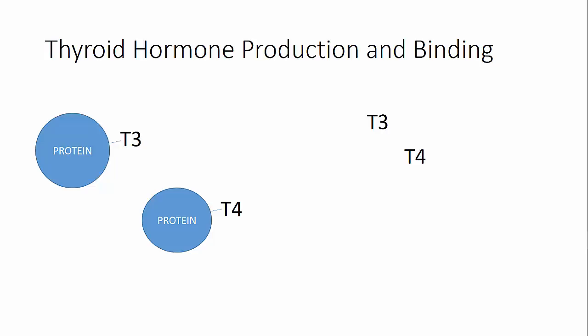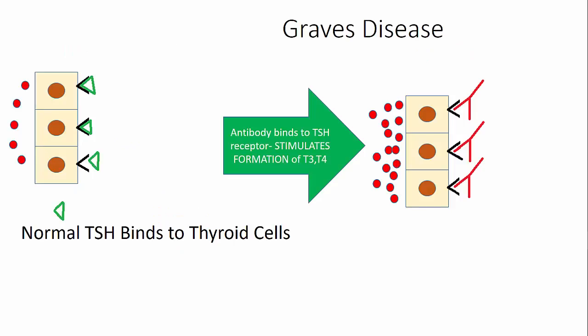So let's talk about Graves' disease. Now, normally, thyroid-stimulating hormone binds to the receptor and triggers the formation and release of thyroid hormone. Graves' disease is an autoimmune disorder in which the body makes antibodies that bind to and stimulate TSH receptors.